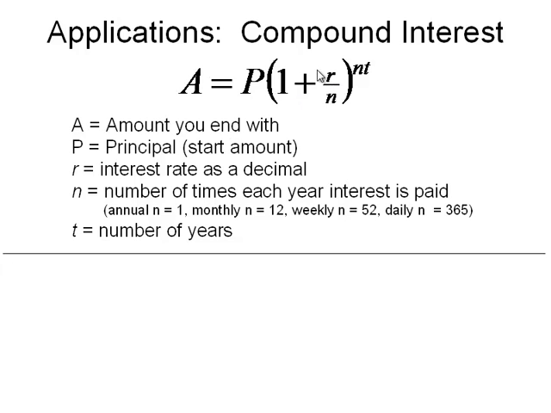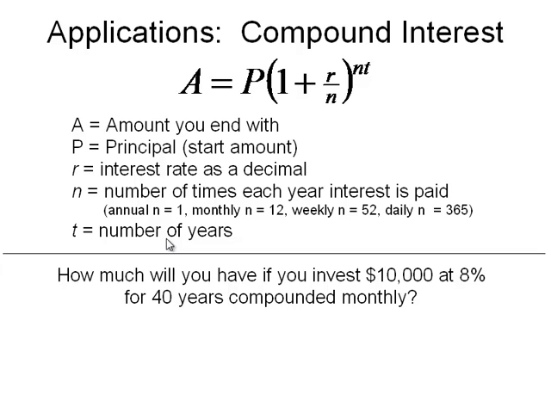This r right here is your interest rate, and it must be a decimal. n is the number of times they're going to pay you every year. For instance, annual is once a year, monthly is 12 times a year, weekly is 52 times a year, and daily is 365 times a year. And then t in our equation is the number of years that they're going to pay us.